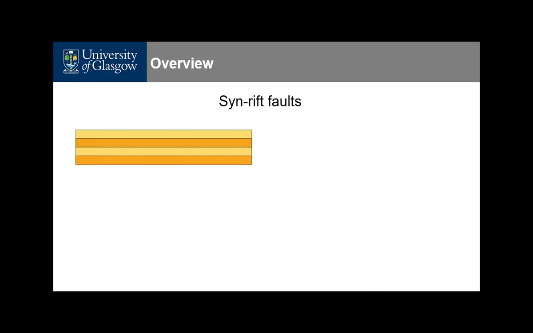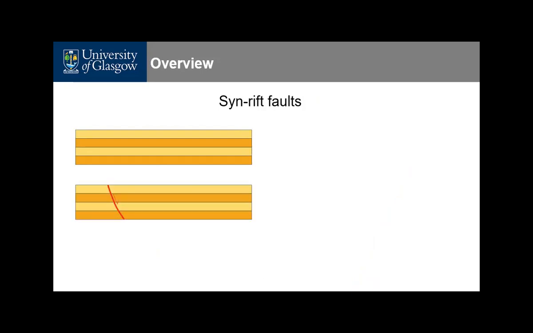So how do we use seismic to understand how faults grow? We can do this with syn-rift faults, so tectonic faults where you're getting sedimentation while the fault is active. That would look something like this. Here we have our layer cake stratigraphy. A little normal fault, a little bit listric, lovely.